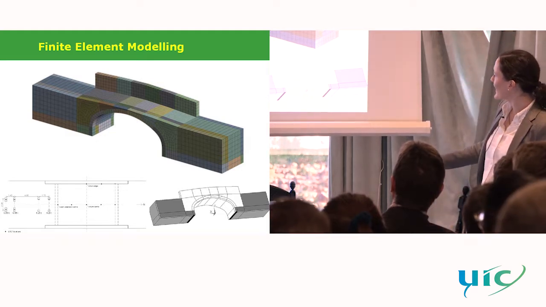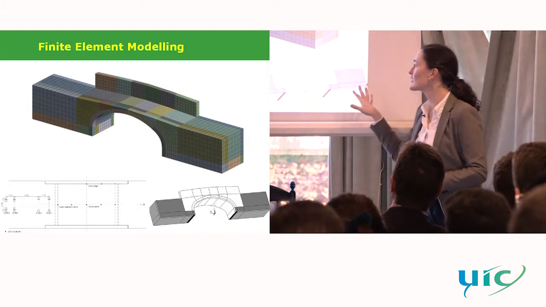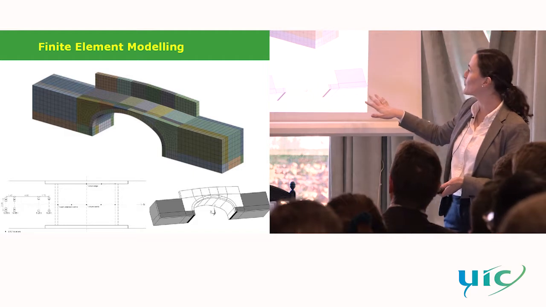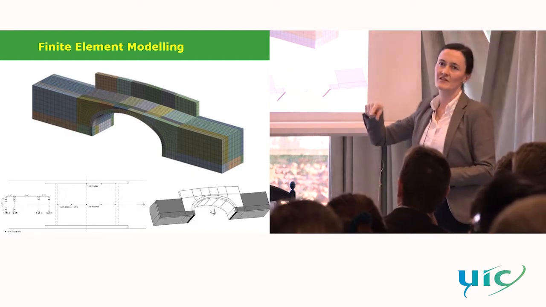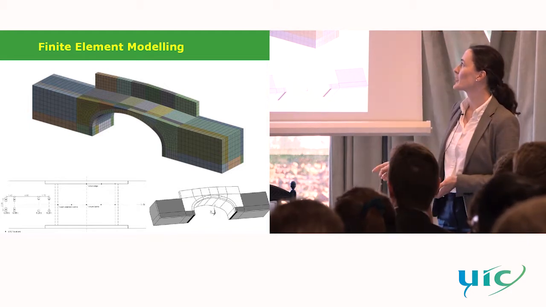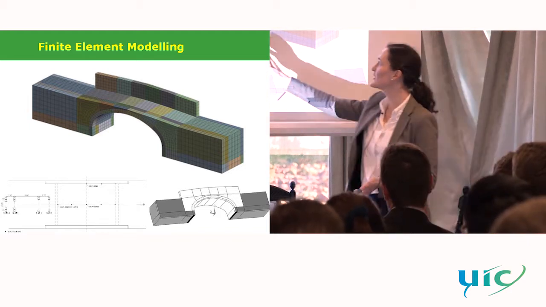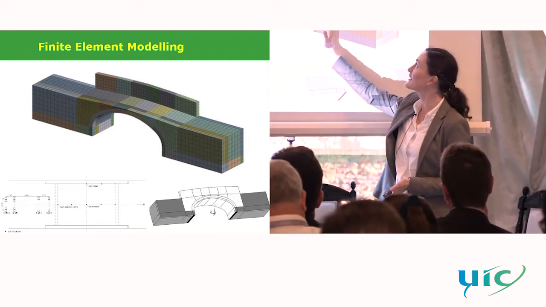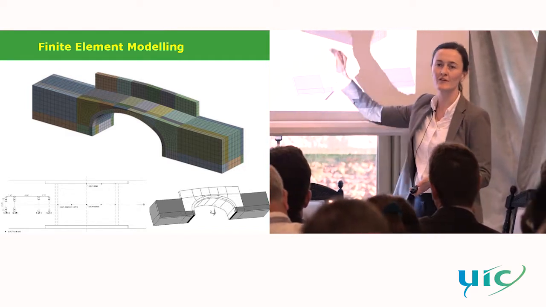And then you can see down here some of the boundary conditions that we've applied. One of the big things that we learned as the work progressed was that initially we modeled the arches only about as far as the spandrel walls.